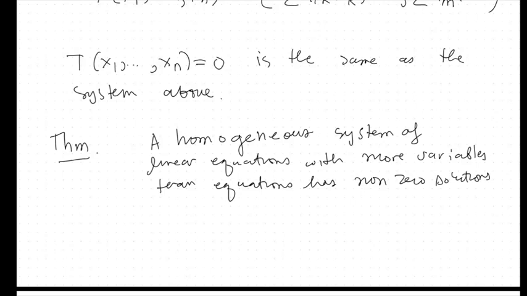That is, if you get a matrix, you cannot reduce it: if you have more variables than equations, then you get other solutions aside from the trivial ones.